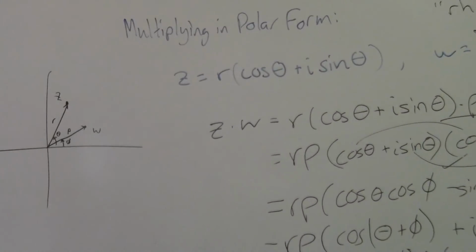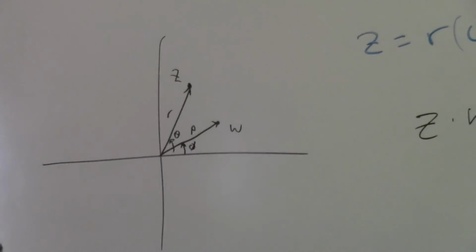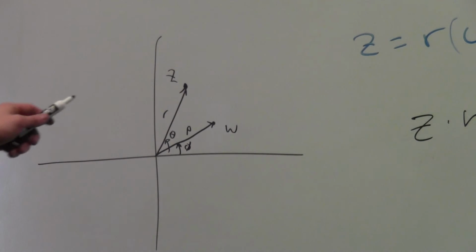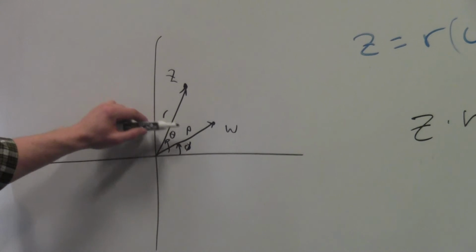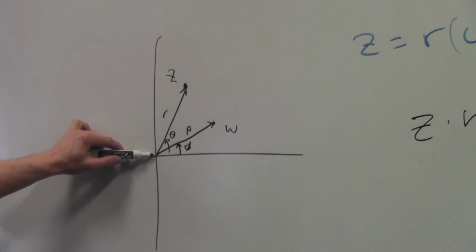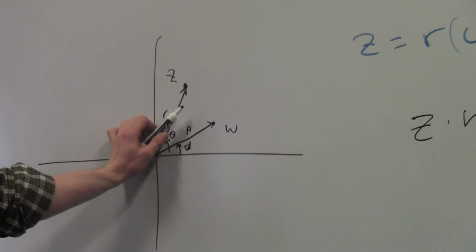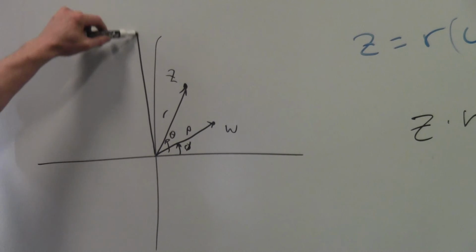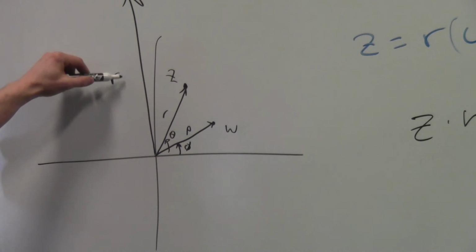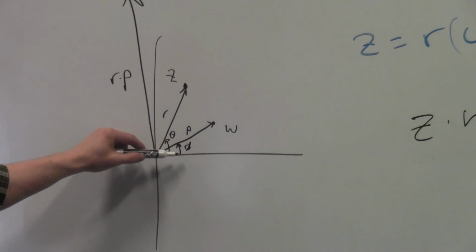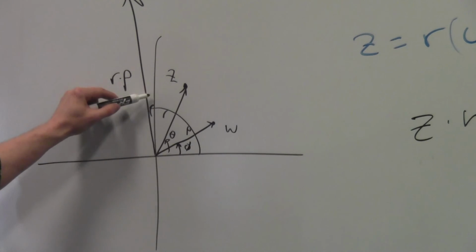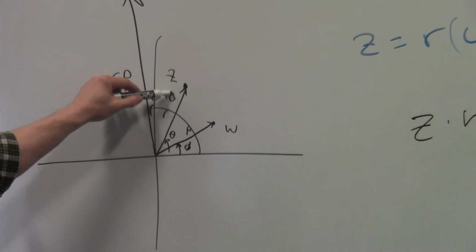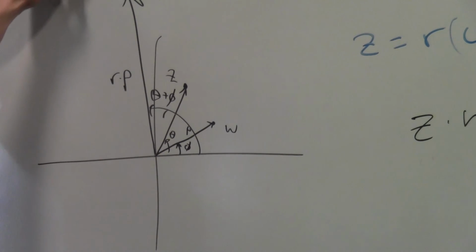I'm going to zoom in a little bit. Ah, yeah, there we go. Boom. For the product, multiply r and rho together; that's how far out you are. Add the angles together, so we'll take theta and then add phi to it. So here's a length r rho and an angle that's theta plus phi, and that's where z times w is.